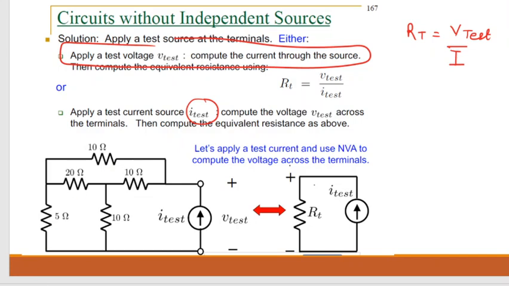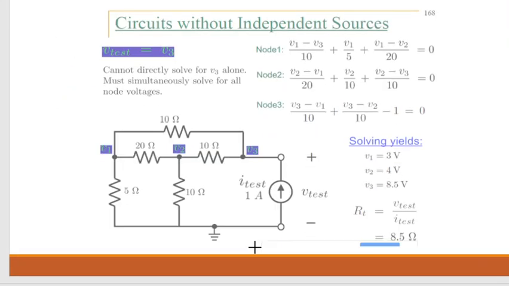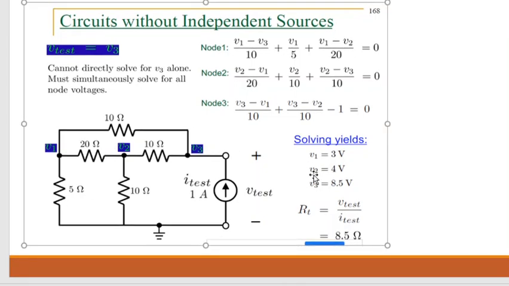Here, calculate I test. First, we need to apply test voltage, external or itself. If we want to calculate, better to use mesh analysis. Calculate current mesh analysis.